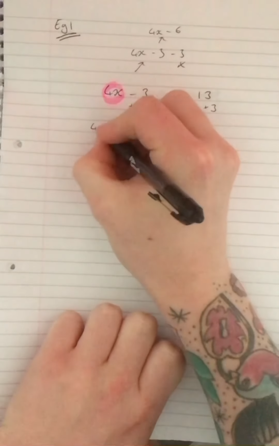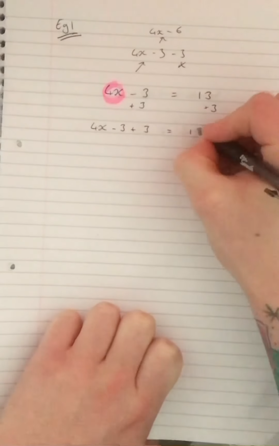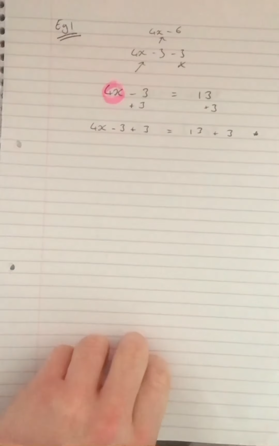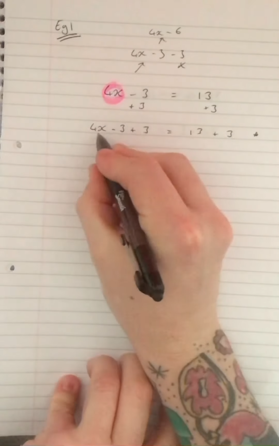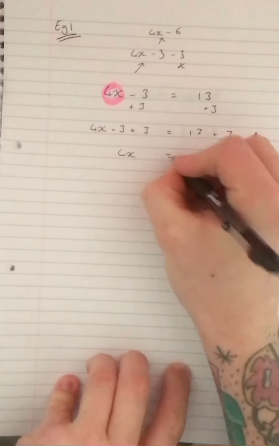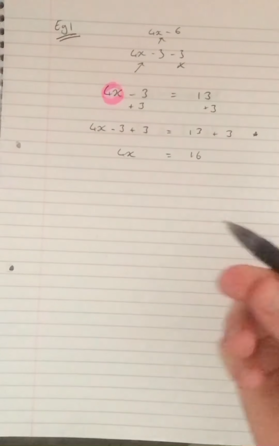I'm going to write this line of working down, but as you well know, you don't have to write this line of working down. Okay, so I'll just put a little star there, a line of working that's not necessary. I think it is useful though. 4x take 3 add 3, they cancel to just give me 4x. 13 add 3 is 16, and then from this point, guys, you should know what to do by now.